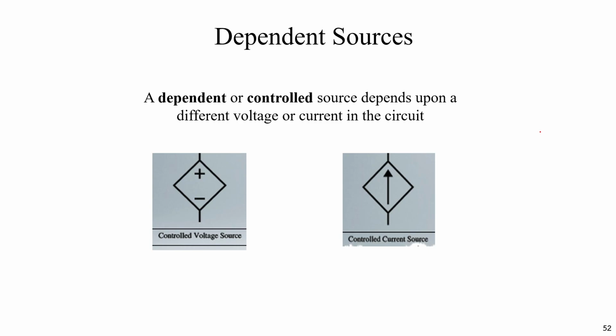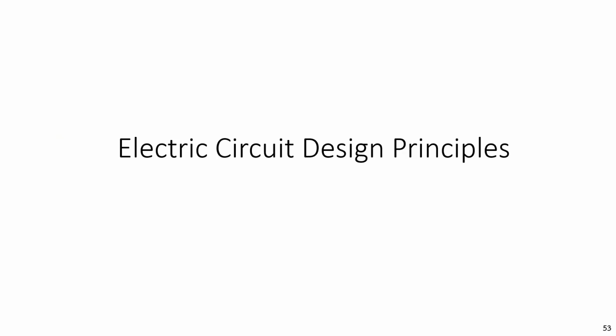So for example, for this type of source, instead of 5 volt, it may be 5 of Vs volt, depending on some variable, because it is a dependent source, or control source. Okay.